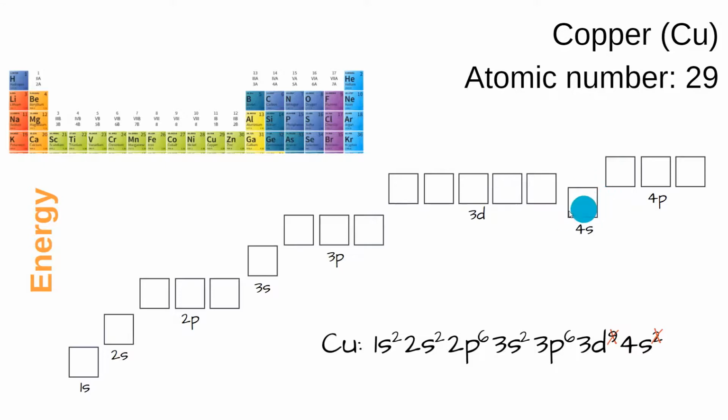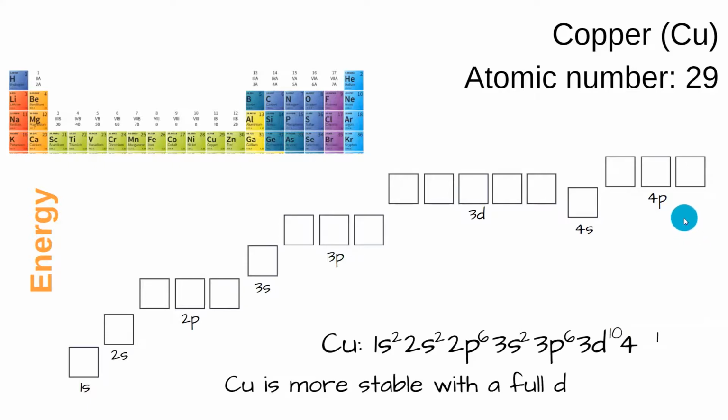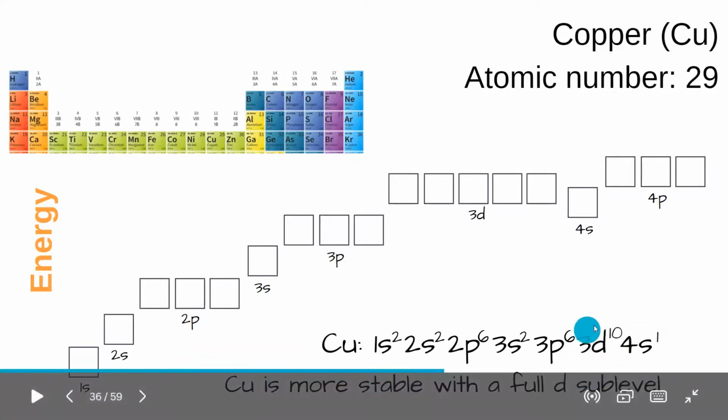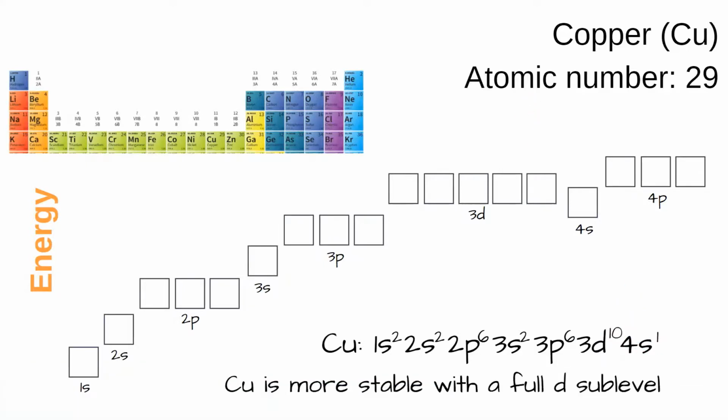So instead of having 2 electrons in 4s, one of them jumps into a 3d orbital to fill this orbital. And so what it becomes is 3d10, 4s1. It now has a full 3d sublevel and it is more stable.